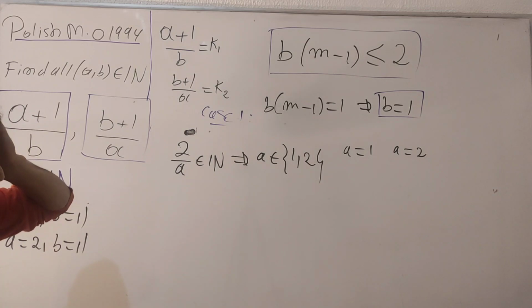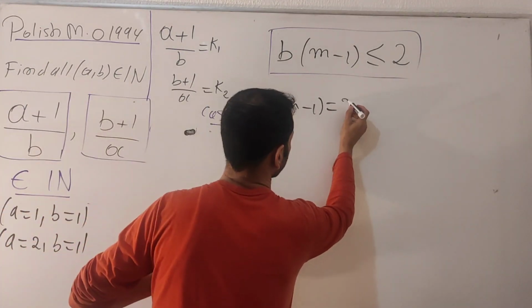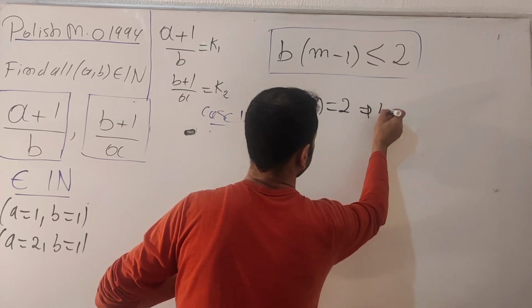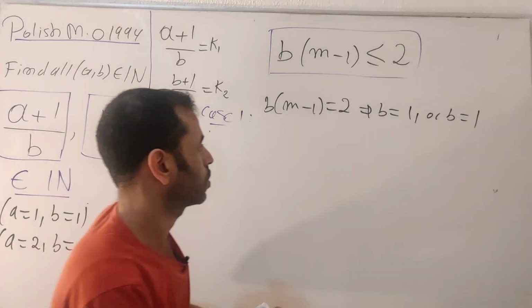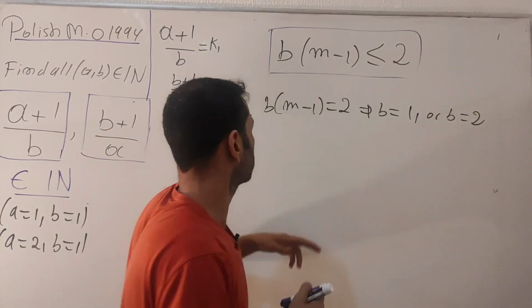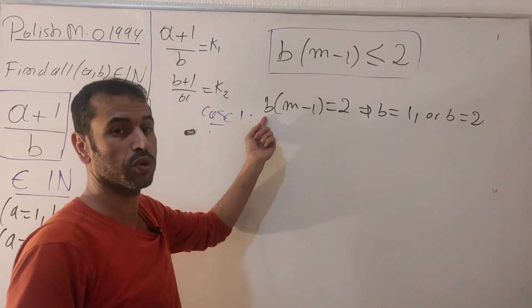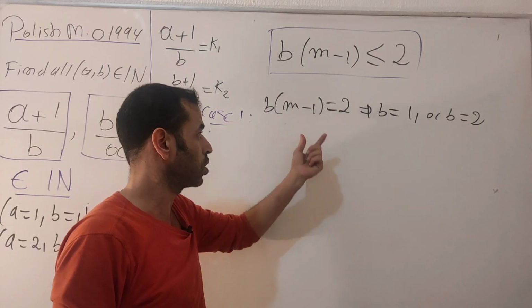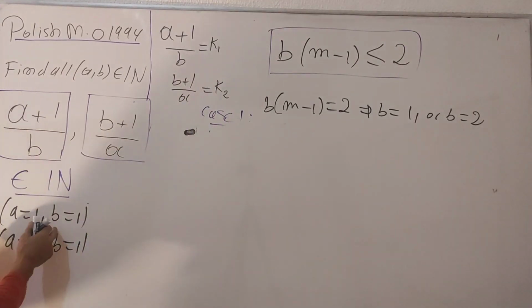Okay, let's go through the second case when we have this product equals 2. So this product equals 2 implies b is going to take two cases, b equals 1 or b equals 2. Because if b equals 1, this one equals 2. If b equals 2, this one equals 1. So for b equals 1, we don't need that because we already have a solution for that.